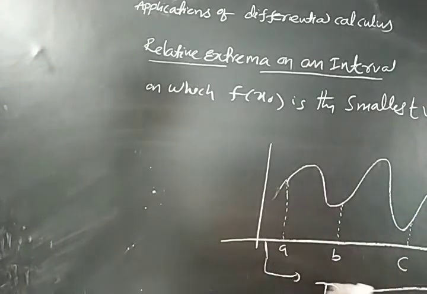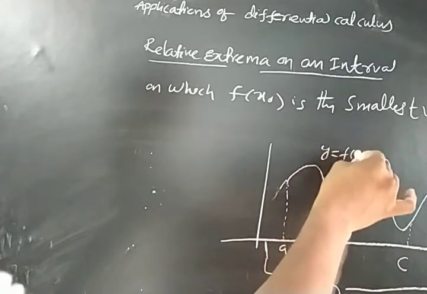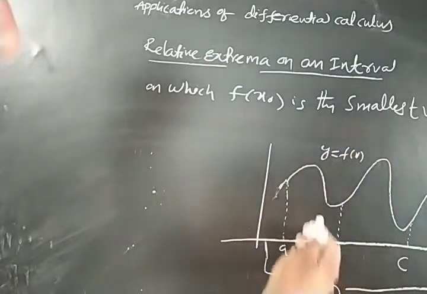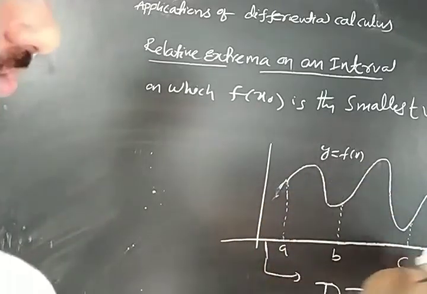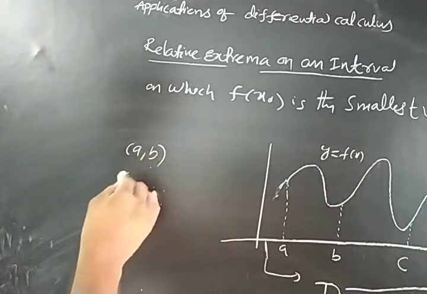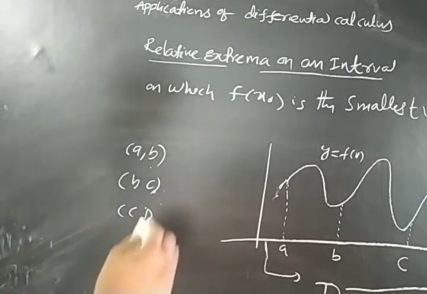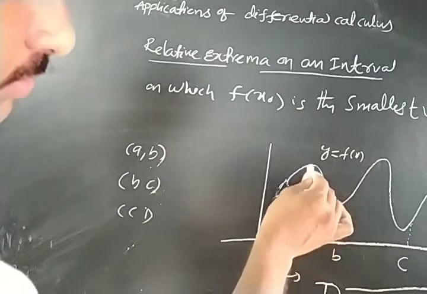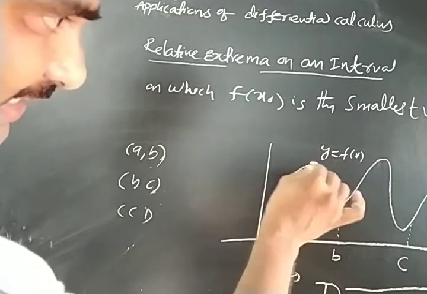So I can divide the total domain of this function. Assume this is the y equal to f of x curve. We have the curve in this domain, and I am dividing this domain into some open intervals. In open interval a to b, and in interval b to c, and c to d we have some curve. If you assume a comma b as open interval, in that the relative maxima of this function is occurring at some point here.